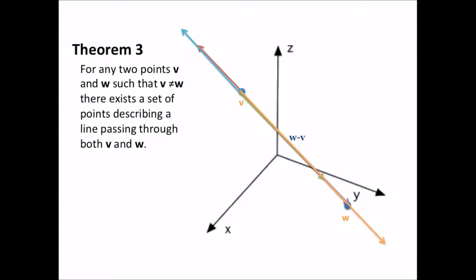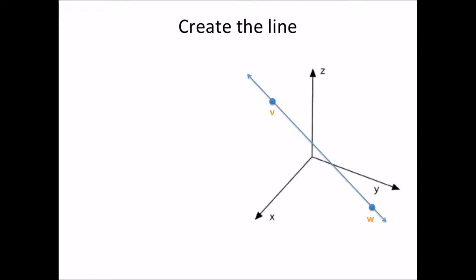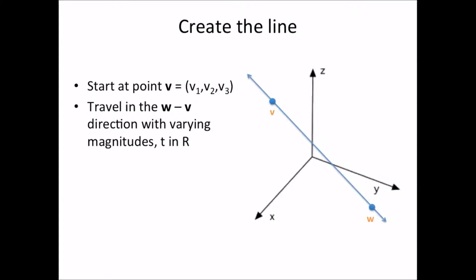We start at the point v, v1, v2, and v3, and we travel in the w minus v direction with varying magnitudes. We'll call those various magnitudes t, and those t are in R, being real numbers. So we come up with this formula which describes the set of points that create the line.